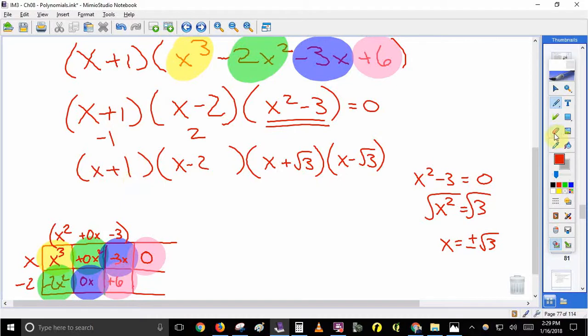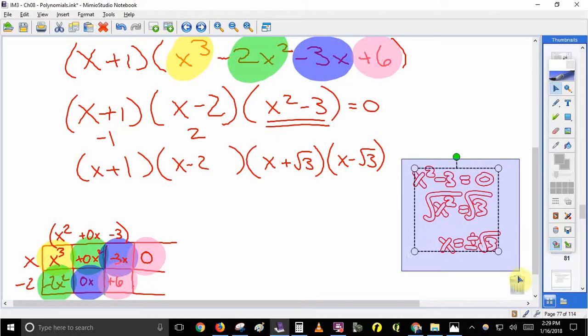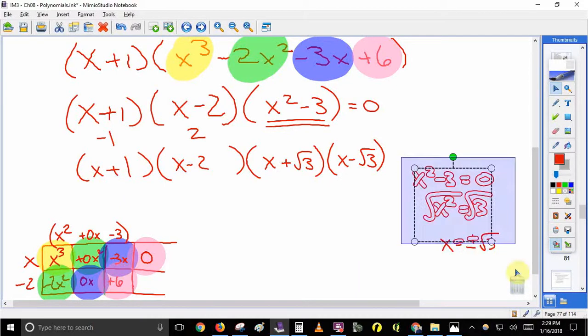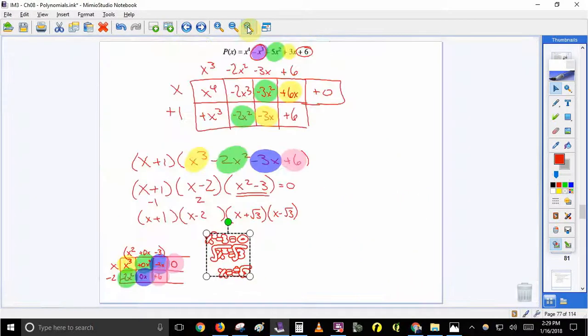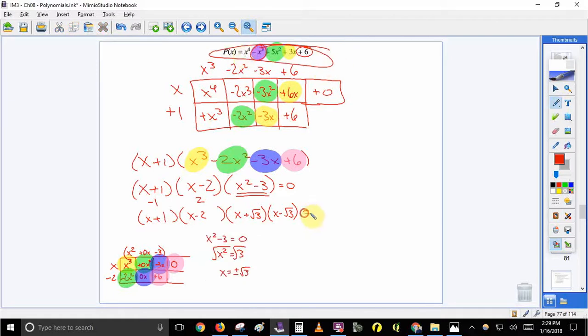And if you multiply all of those together, then you get the original polynomial, which is right at the top here. So once you multiply those out, it's x to the 4th minus x cubed minus 5x squared plus 3x plus 6.